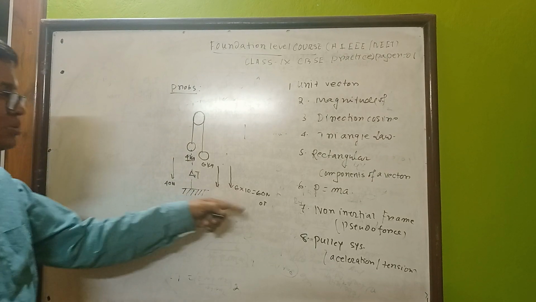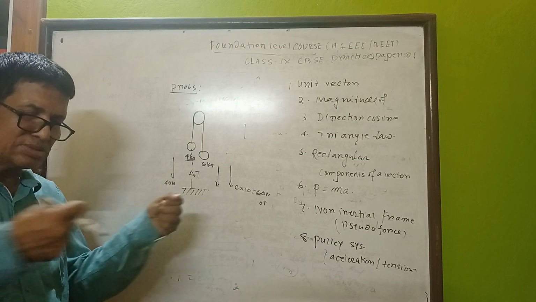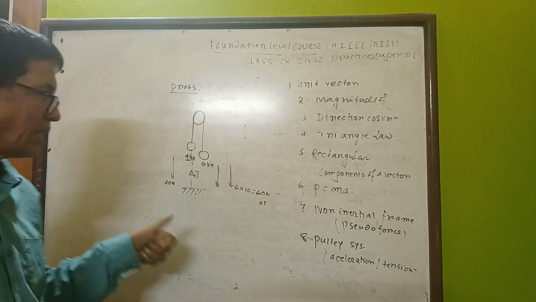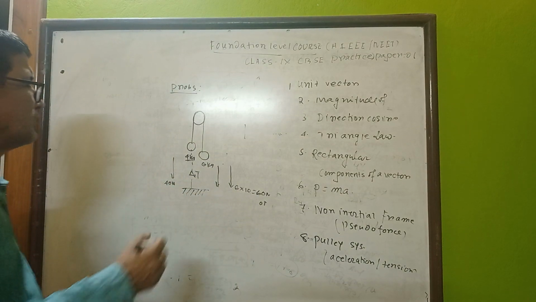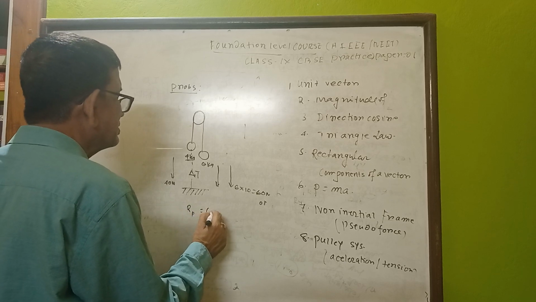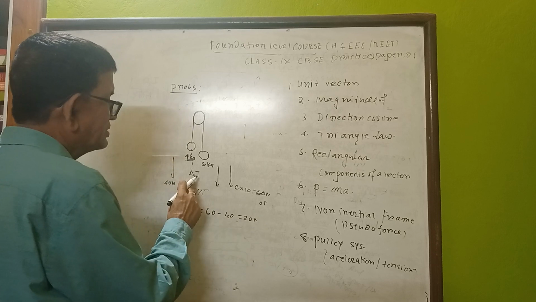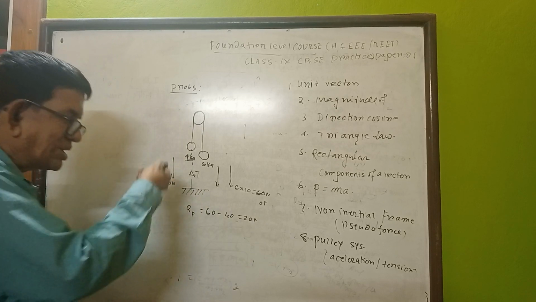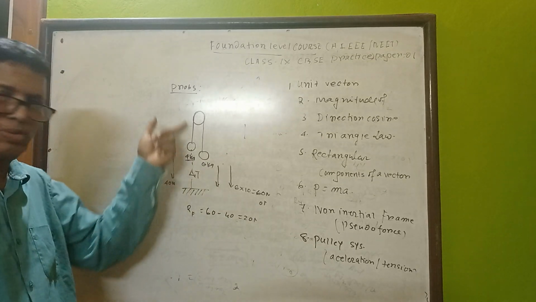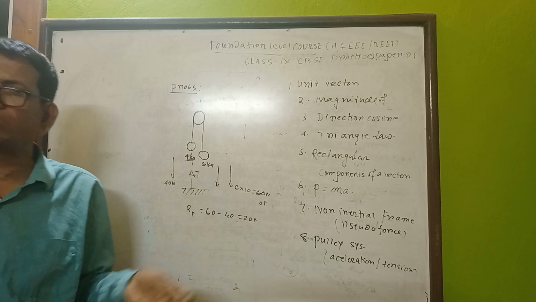So 60 Newton is opposed by 40 Newton, just pulling each other. The resulting force is 60 minus 40, that is 20 Newton. So you have to apply an extra tension of 20 Newton on the string, otherwise the body will move.